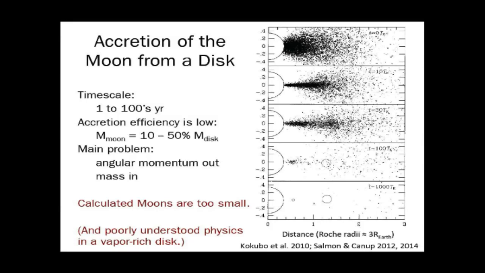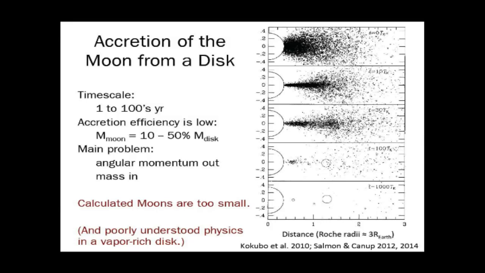And the reason for this is that as material is torqued outward into this growing moon, that carries most of the angular momentum outward. And to compensate, because angular momentum is conserved, mass needs to move inward. And more mass needs to move inward to compensate a certain amount of mass moving outward, because angular momentum is related to the distance from the central planet.